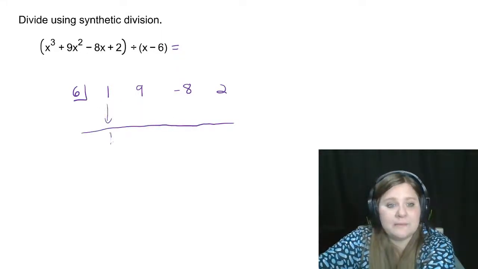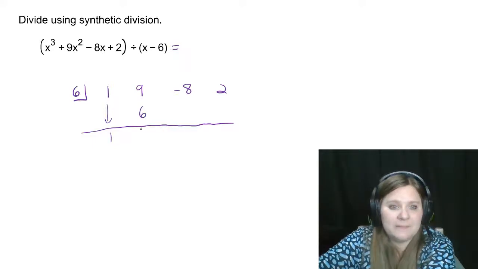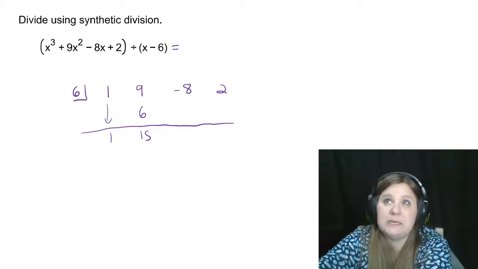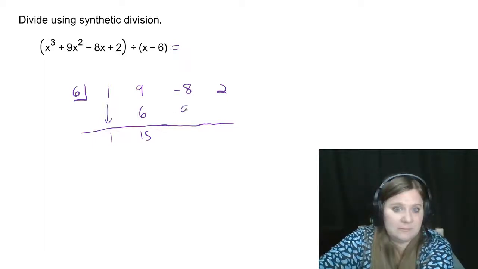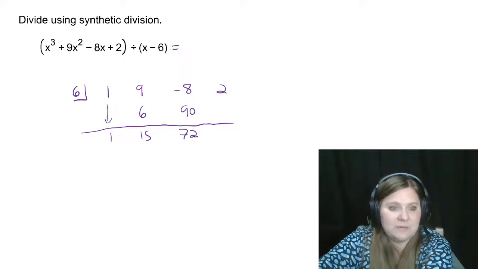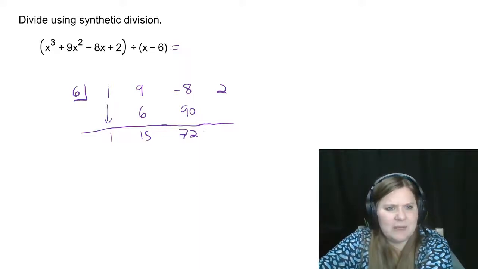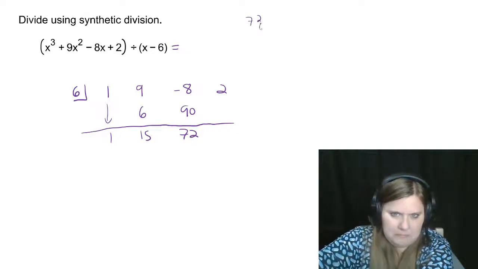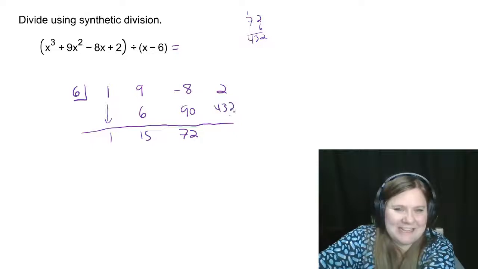And I carry down my first number, multiply, add, multiply. Okay, 6 times 15 is going to be 90. Then I add down, I get 72. I multiply again, and I get 432. Yeah, 432, and I add down, I get 434.